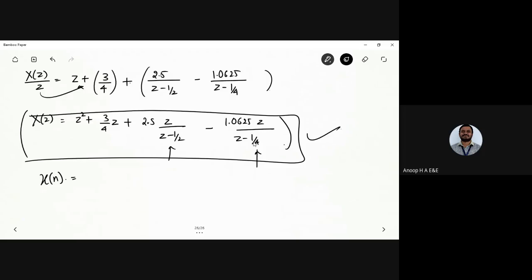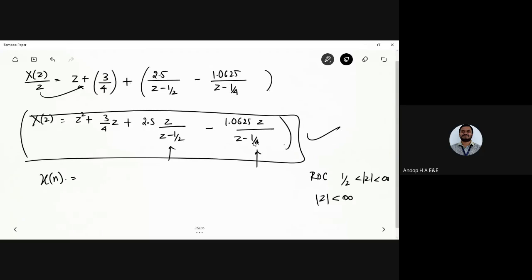And you have to keep in mind that the ROC that I have mentioned over here is 1 by 2 less than mod z less than infinity. So mod z would be less than infinity.